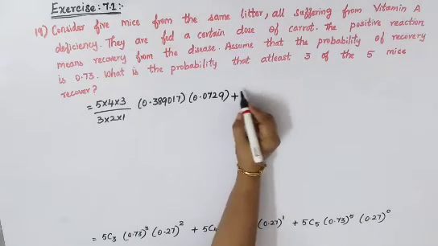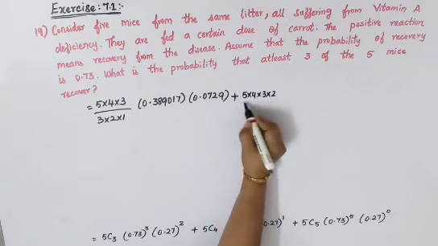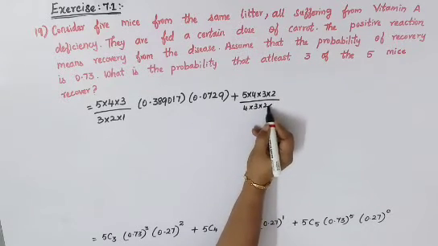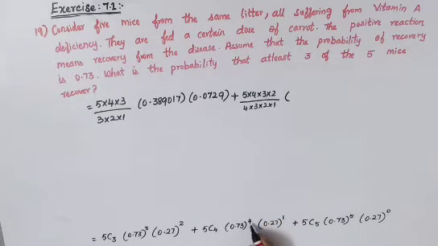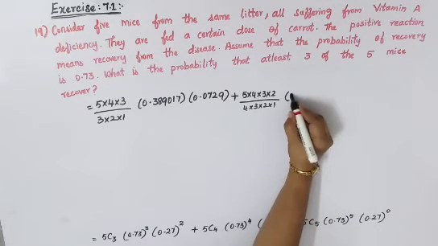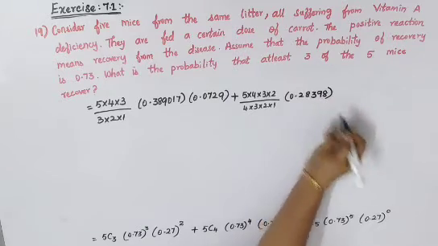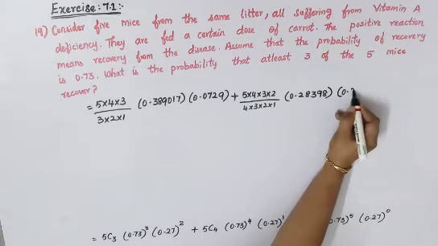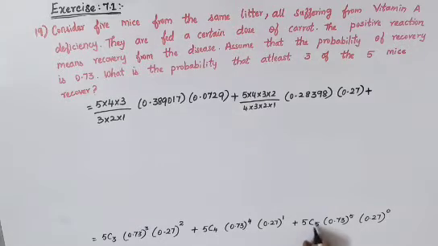plus 5C4 is there. So you can convert it into 5 into 4 into 3 into 2 divided by starting with 4, so 4 into 3 into 2 into 1, into 0.73 the whole power 4. If you do it in a calculator, you will get your answer as 0.28398, into 0.27 as it is, because power 1 only, so you can write it as 0.27 as it is, plus 5C5 is there.